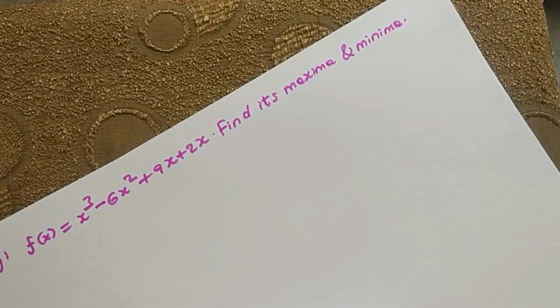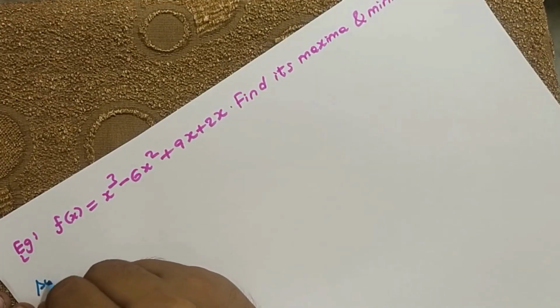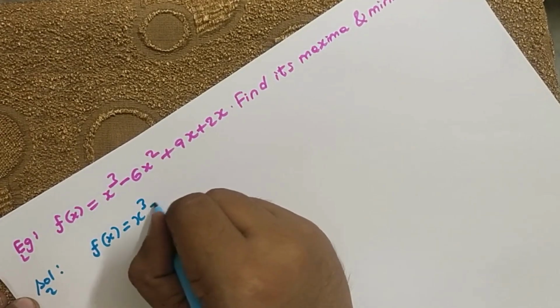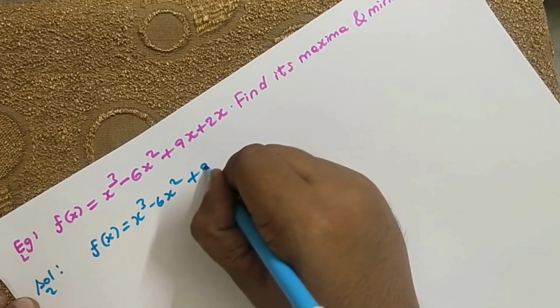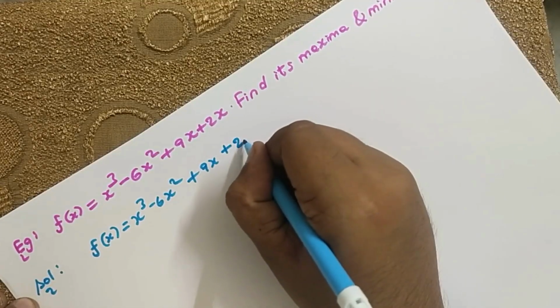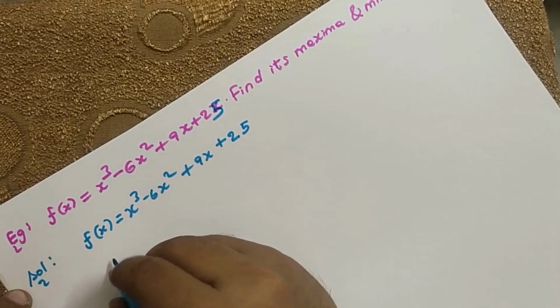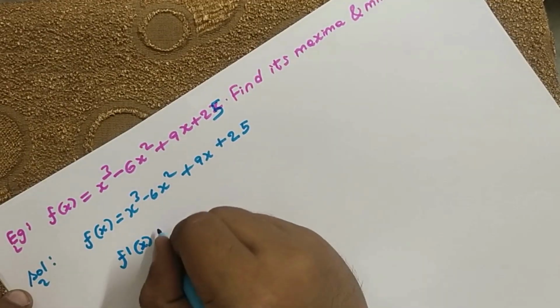Let's find out. It's very straightforward. Given f of x is x cube minus 6x square plus 9x plus 25. The first step is to find f dash x and equate it to 0.